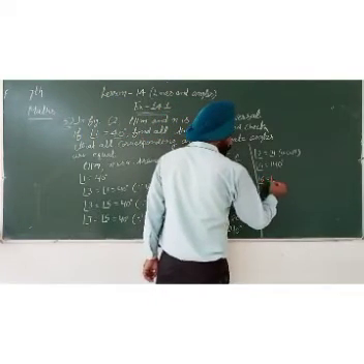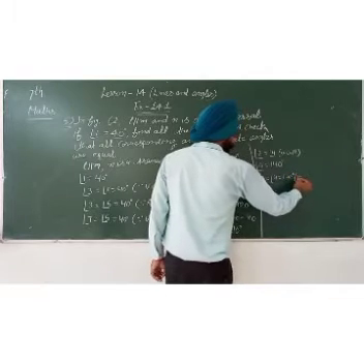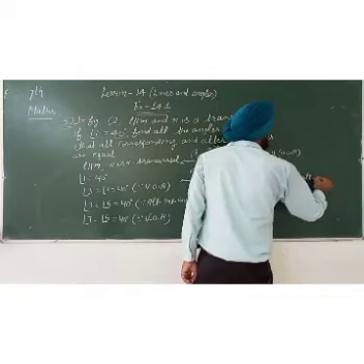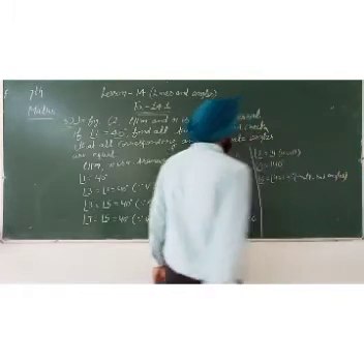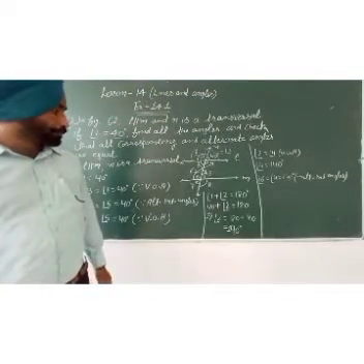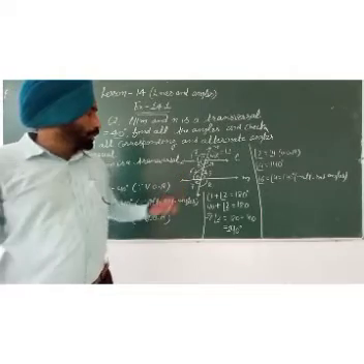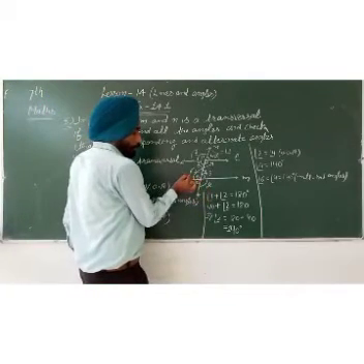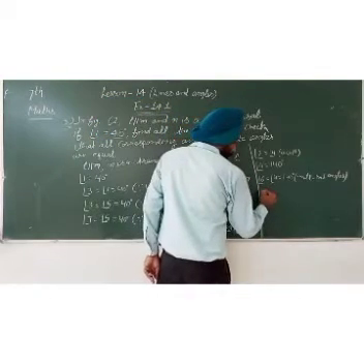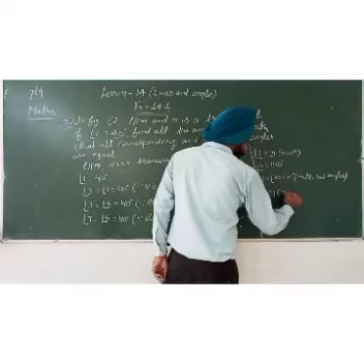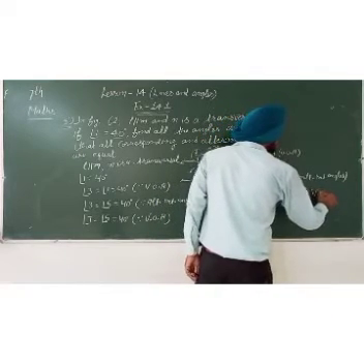So angle 6 is equal to angle 4 is equal to 140. Why are they equal? Alternate interior angles. Now angle 6 you have found is equal to 140. Now 8 and 6 both are vertically opposite angles, so angle 8 is equal to angle 6 is equal to 140. Why are they equal? Vertically opposite angles.